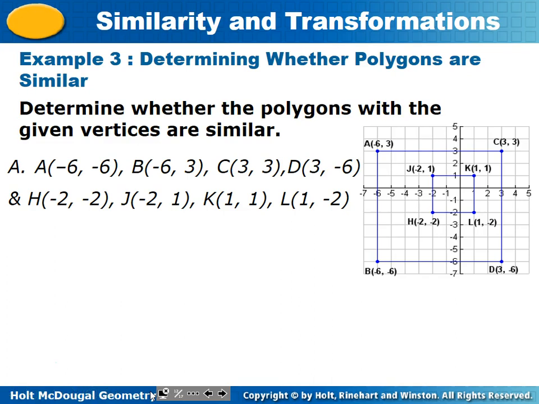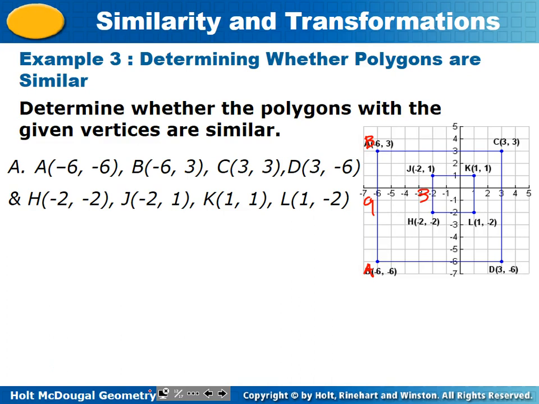So our original ABCD, and this is actually not labeled right either. This should have been A, this should have been B, that's C, and that's D. Okay, so when we start looking at this shape, AB is 9 tall, and HJ is 3 tall.